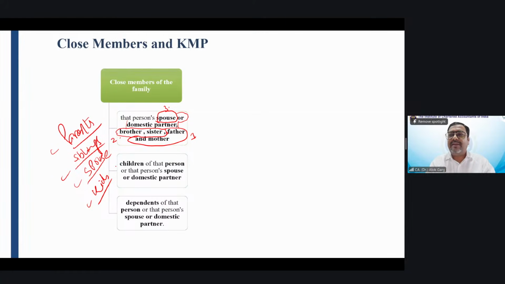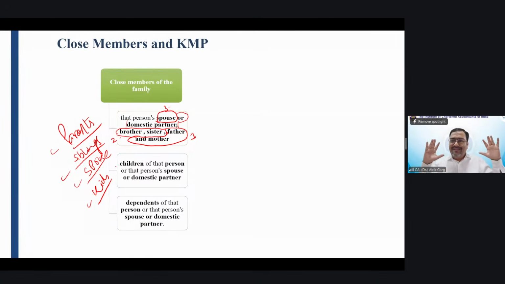So Mr. Ram married a lady who already has two children. So now those two children who are the person's spouse's children, they will also become a related party, or children of domestic partner. Have you understood? Three children are covered here. That person's own children, that person's spouse's children, right? So in India, in all normal circumstances, the person's children and the person's spouse's children are one and the same thing.